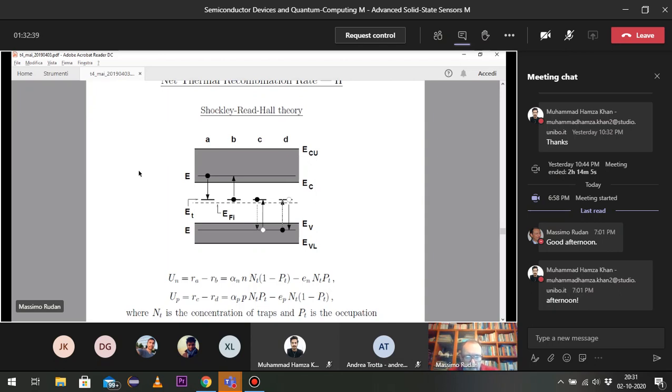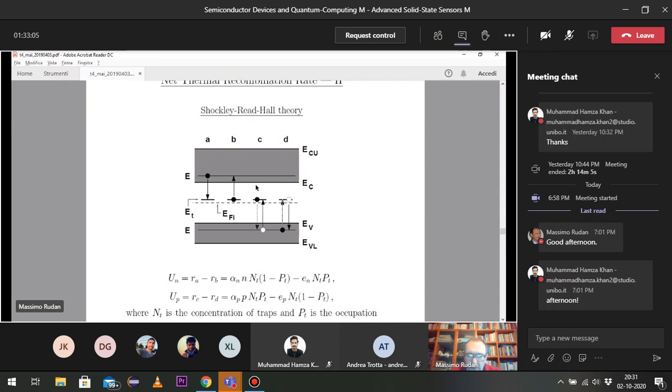A type of defect or energy states are those that are introduced by the dopants, as you remember. But they are very special because the states introduced by the donor dopants are very close to the edge of the conduction band. And the states that are introduced by the acceptor dopants are very close to the edge of the valence band.